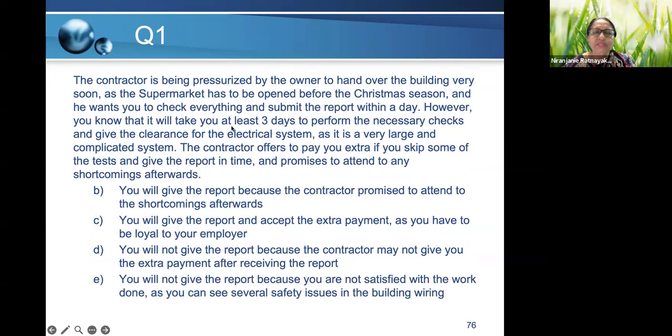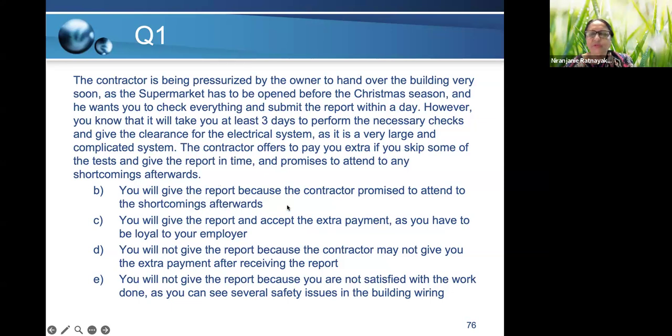However, you know that it will take you at least 3 days to perform the necessary checks and give the clearance for the electrical system, as it is a very large and complicated system. The contractor offers to pay you extra if you skip some of the tests and give the report in time, and promises to attend to any shortcomings afterwards. What would you do?